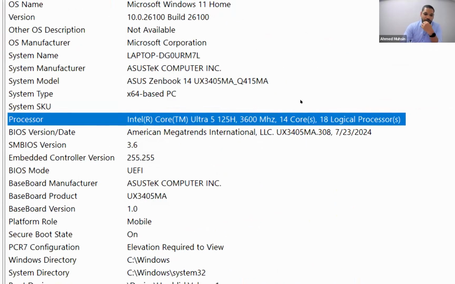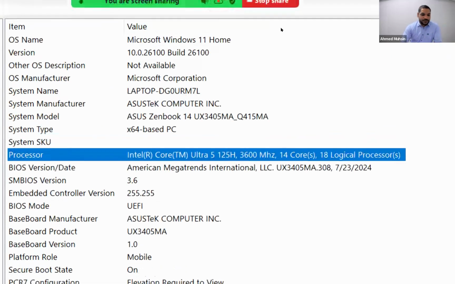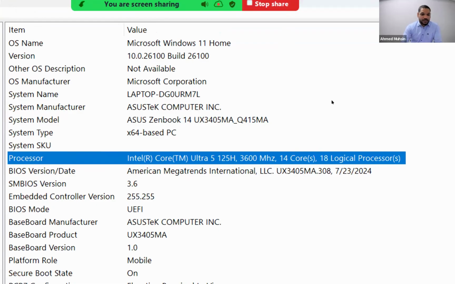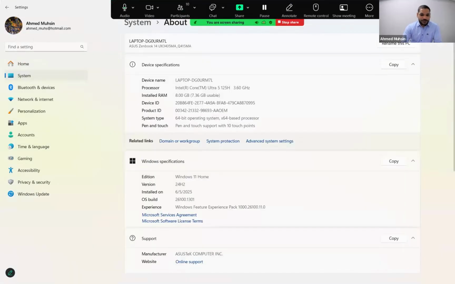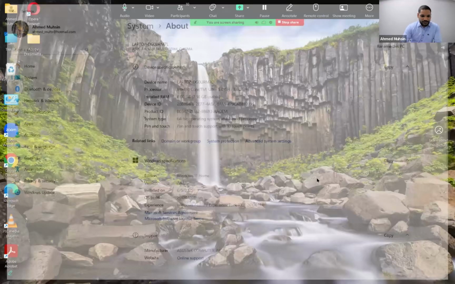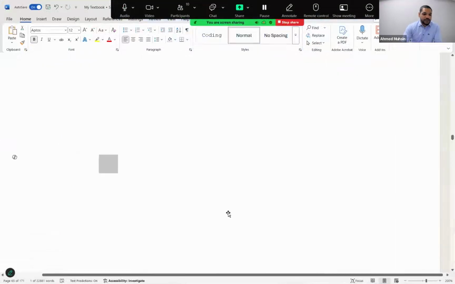Mine is using 14 cores. I forgot the name of this one. I bought this recently and something different is being used for this. Anyhow, I'm going to move away from here.